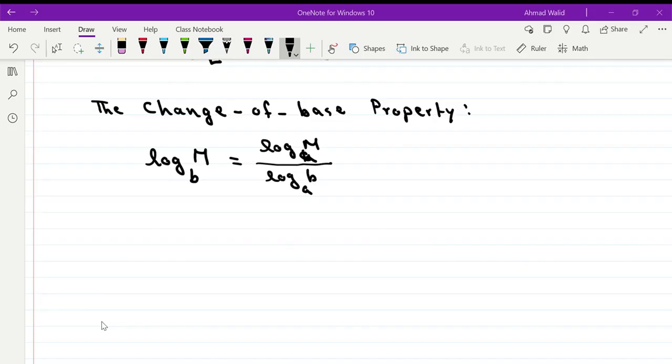If your base is 6, 7, 2, or any other number, your calculator cannot find that logarithm.